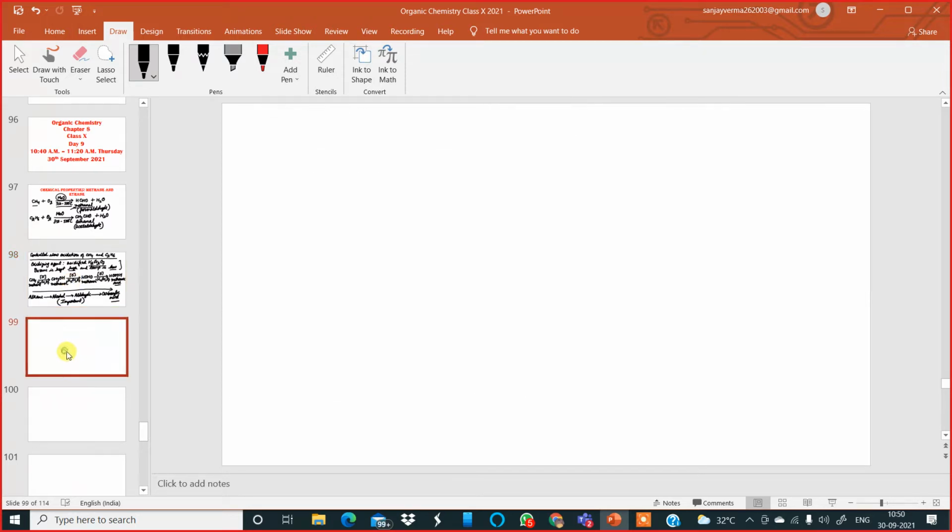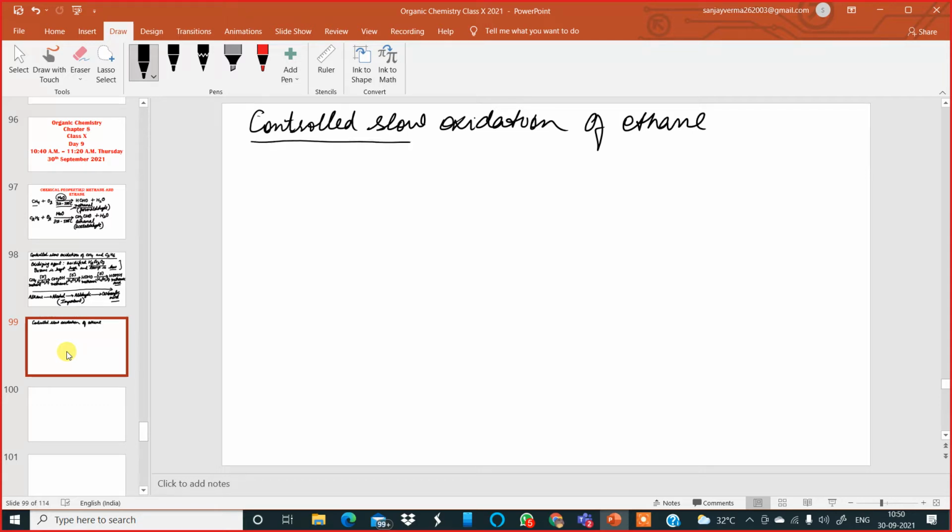Similarly, if I carry out controlled slow oxidation of ethane, the reaction happens in a similar manner to the first one. C2H6 is the molecular formula of ethane.